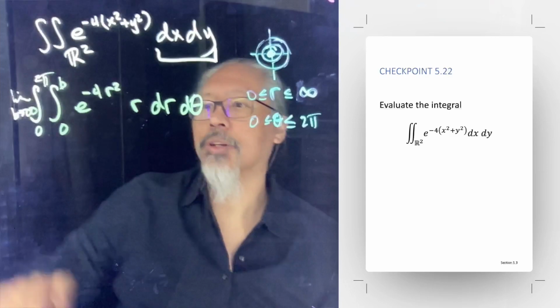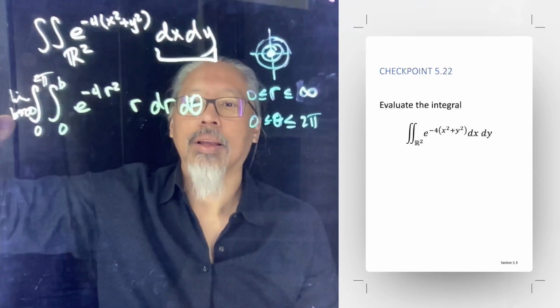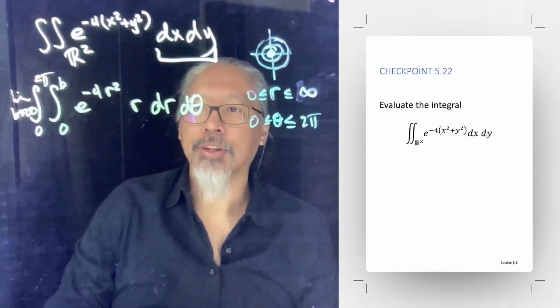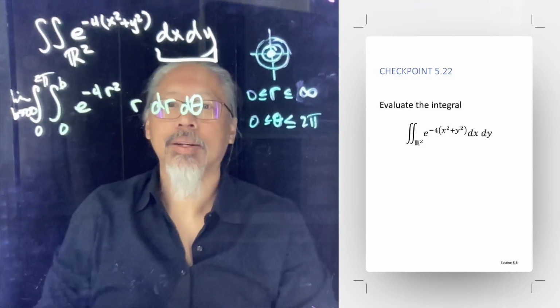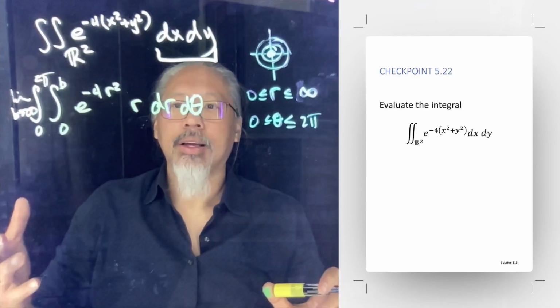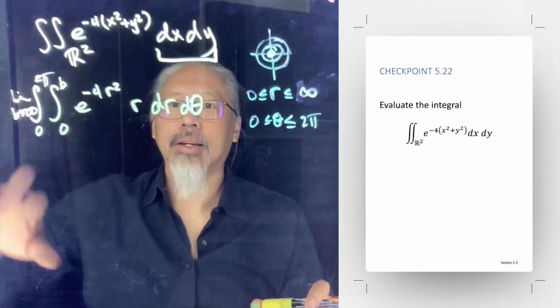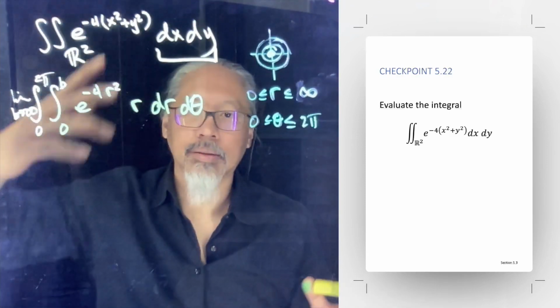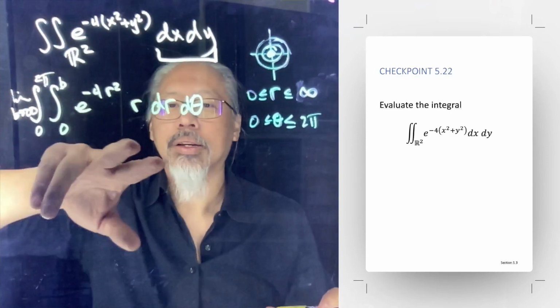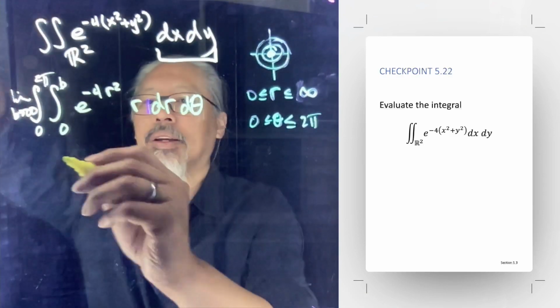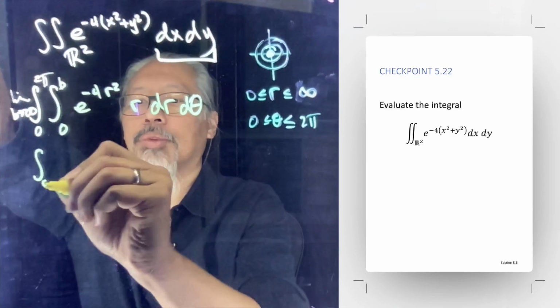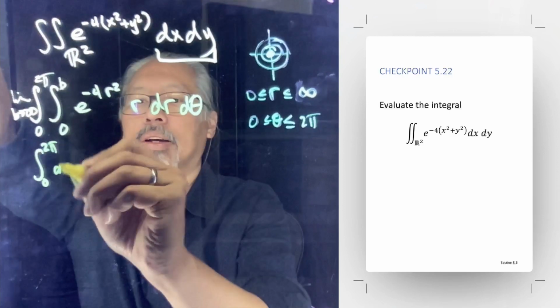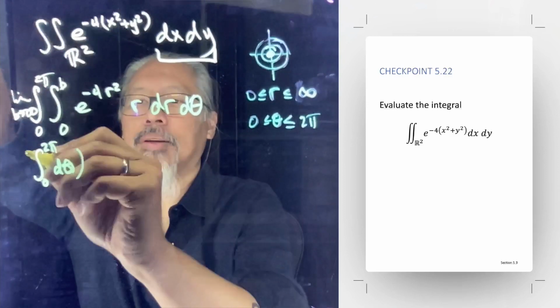So we'll take the limit as b approaches infinity of this expression. Okay. I don't see any thetas inside of the integrand, and these are constants, aside from that weird infinity, and so we can separate this and just have the integral from 0 to 2 pi of d theta and treat that separately.